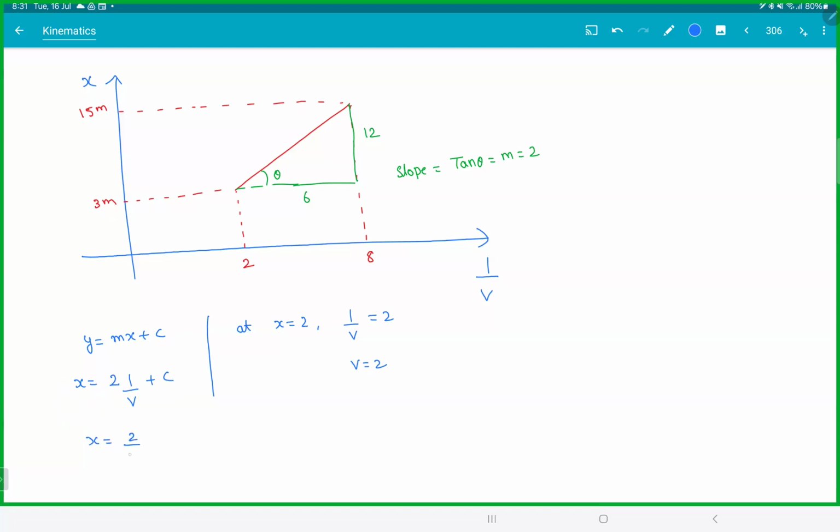So we have x is equal to 2 by v plus c. We need to find the value of c. So at x is equal to 2, v is also 2 plus c. So c is equal to 1. So there, that's your final equation: x is equal to 2 by v plus 1. This is the relation between both of them.